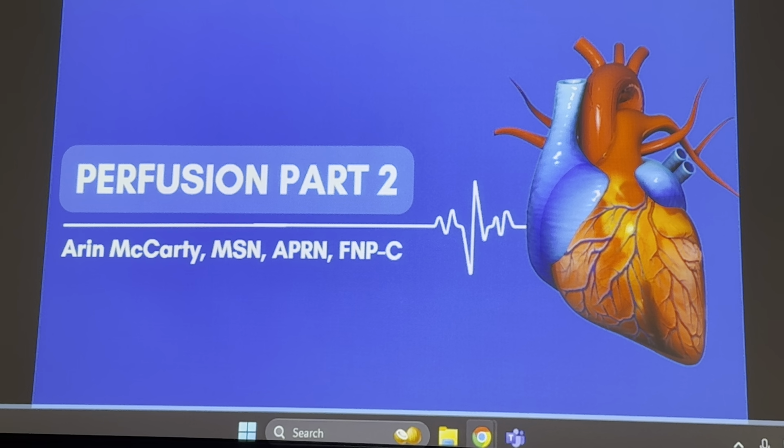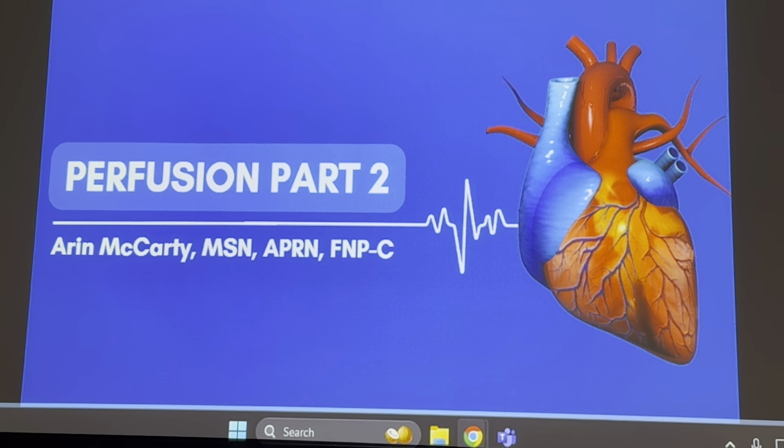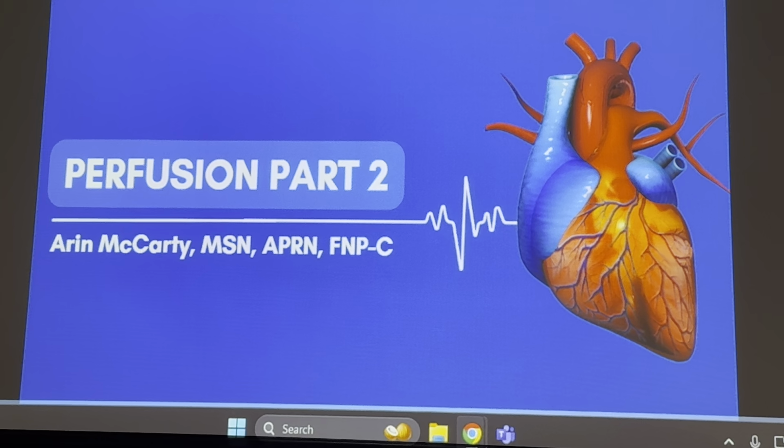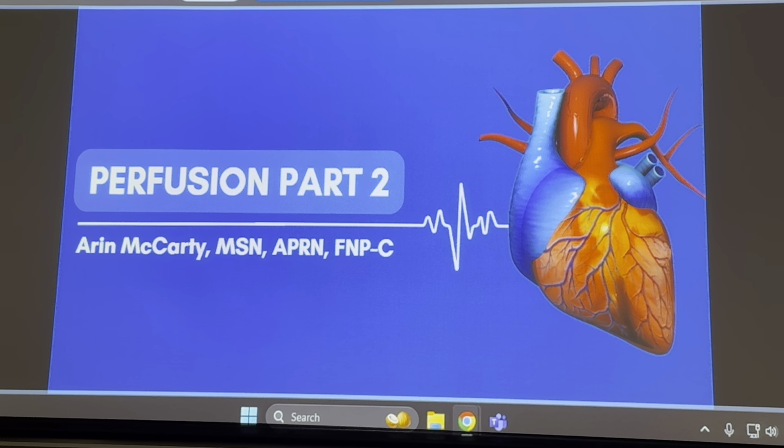All right, perfusion part 2. First little section is going to be basic EKG review, with a couple of advanced EKGs in there as well. And then we'll get into more of the perfusion part 2 material. We're going to talk about rheumatic endocarditis and some more shock, a little more in-depth overview than what we covered last semester.